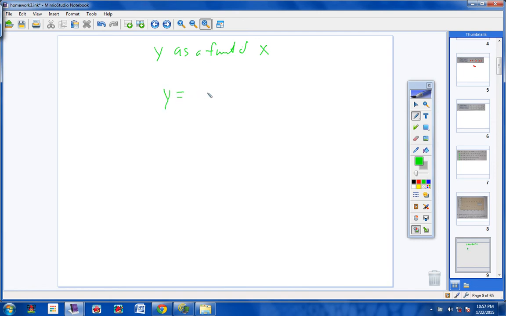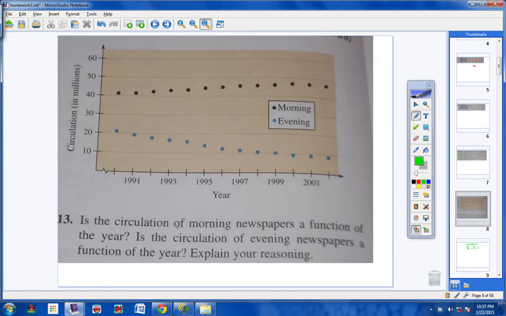And over here you have your x. In other words, this is your output, and this is your input. So circulation is a function of the year.